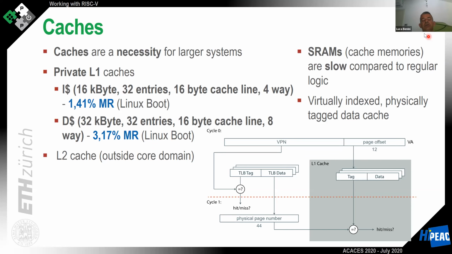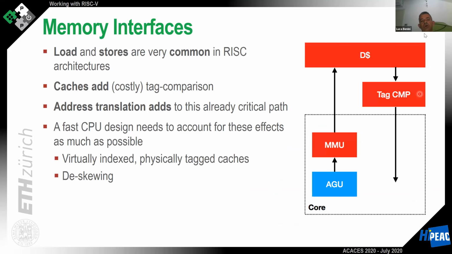So just to recall, the critical path of the cache, if you're not careful, implies the tag lookup. Address translation, actually, if you do address translation, you have the problem that your address translation gets into the critical path because you perform virtual to physical address translation before doing the lookup in your cache.